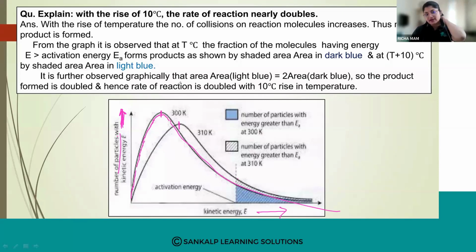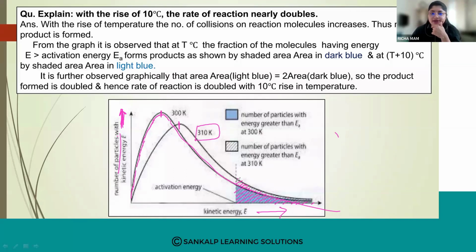So here from the graph, what you can see is that at T degrees Celsius, the fraction of molecules with energy more than activation energy forms a product. And at T plus 10 degrees, that is, at a 10-degree rise in temperature, you can get more products.